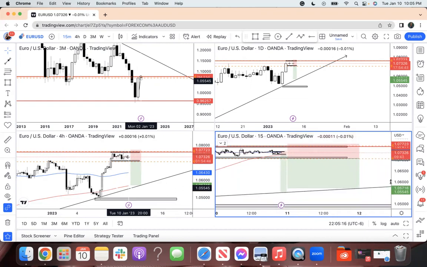So say, for instance, you enter your trade at a 0.20 lot size, which means that initially you're risking $2 per pip. So once your trade gets to the area that you identified as a 2-to-1 or a 3-to-1 risk to reward ratio, you're going to close that trade, but you're not going to close the entire position.